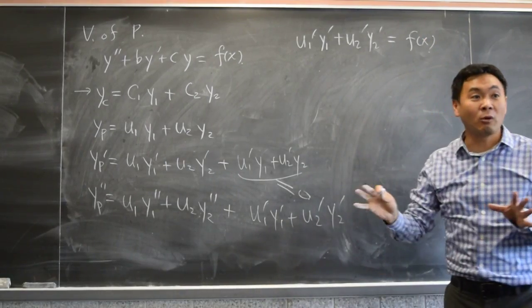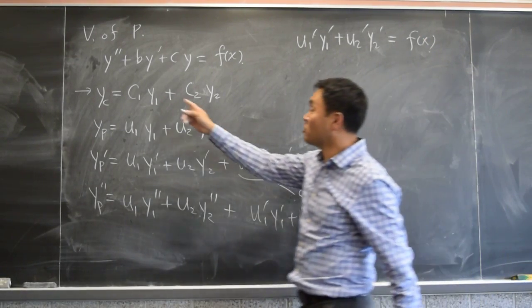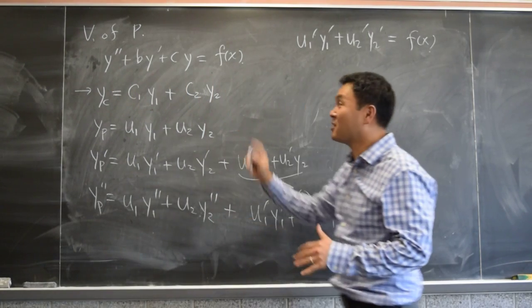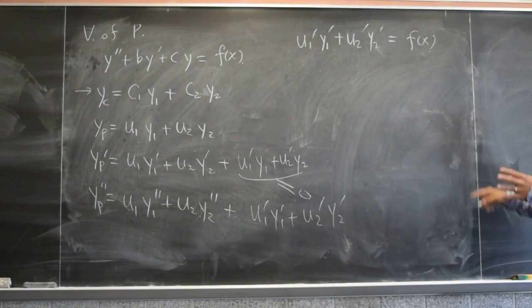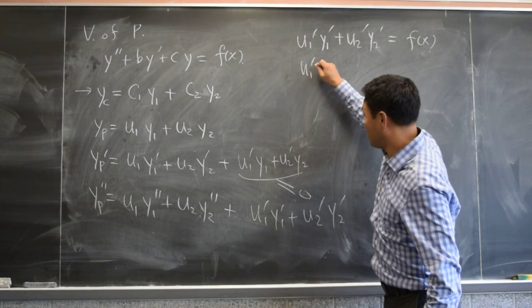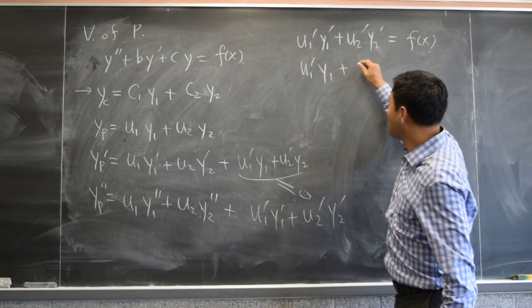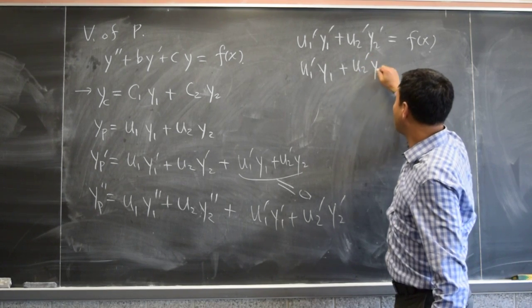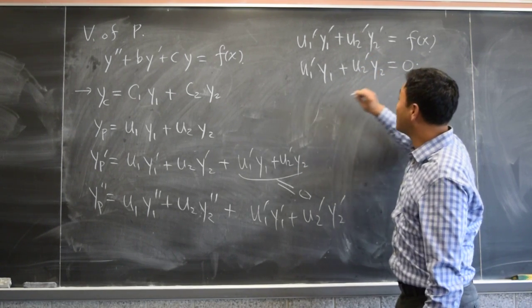That will always happen, as long as you make this 1. If it's not 1, then you should divide everything so that you get y double prime with coefficient 1. And then you have u1 prime y1 plus u2 prime y2 equal to 0.